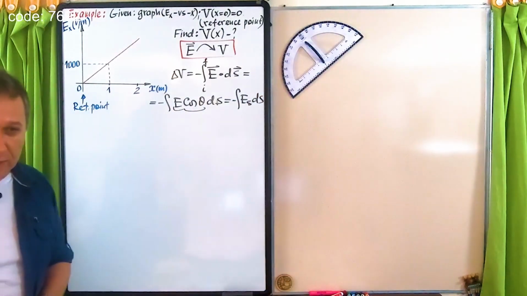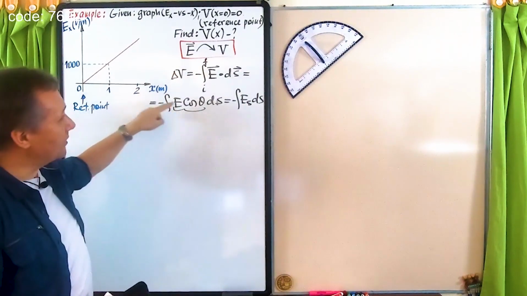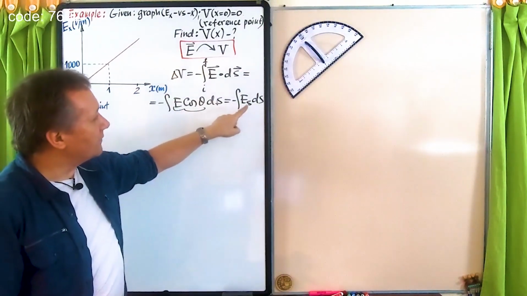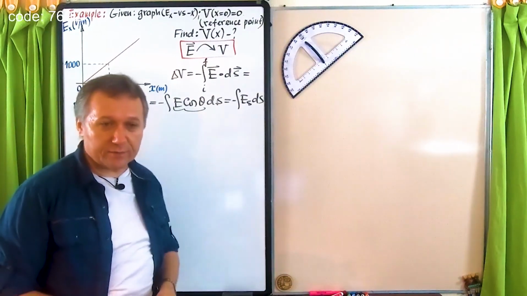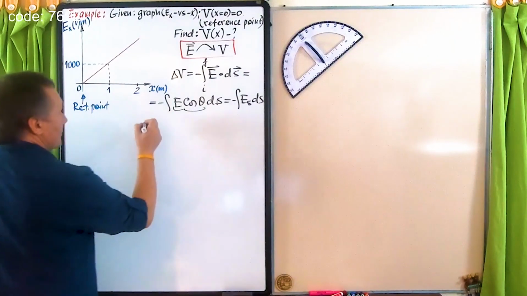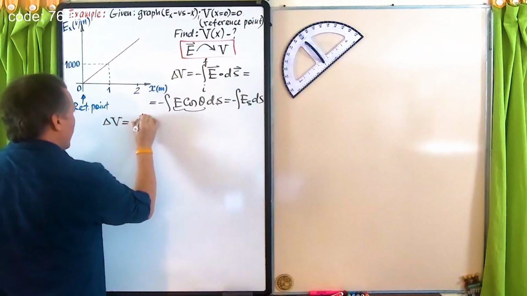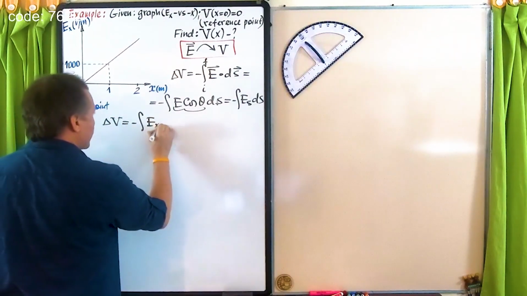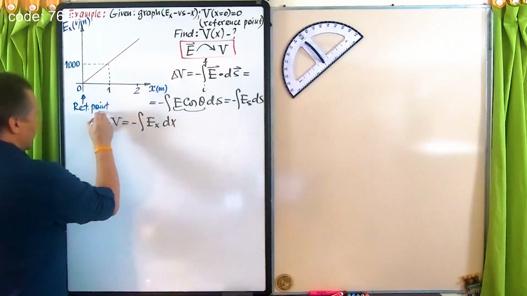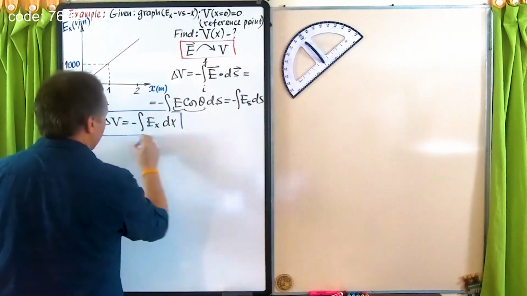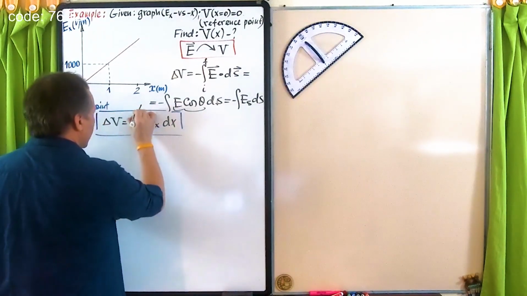And in our case, s is along the x direction. So basically we're going to have a negative integral of Ex dx. In our case it will be significantly simpler. The formula will look simple. So now I will write, delta V equals minus integral of Ex dx. So that's what we need to use in this case, right? And of course from some x initial to x final.